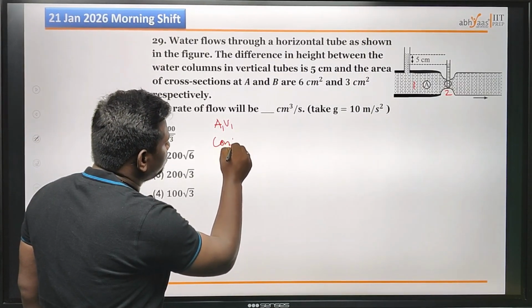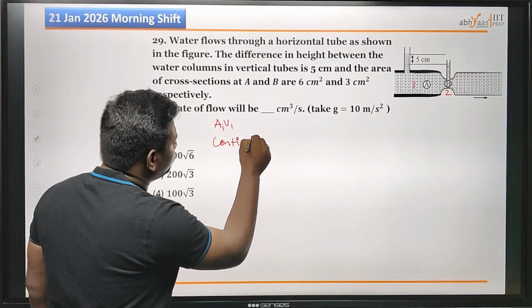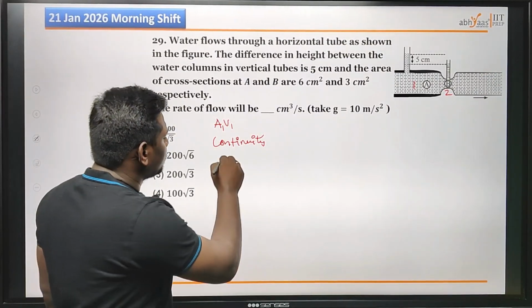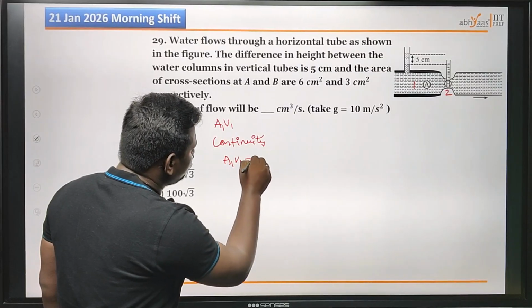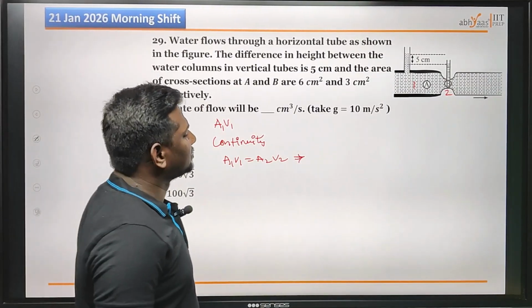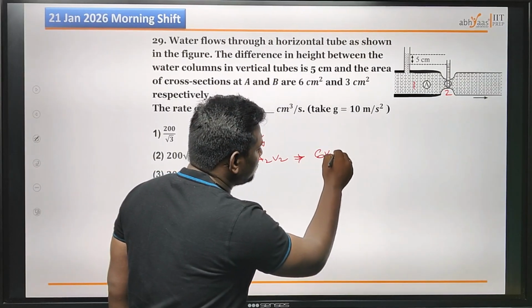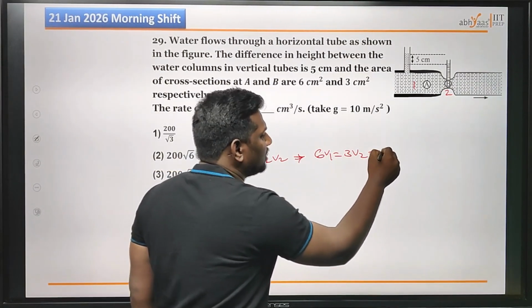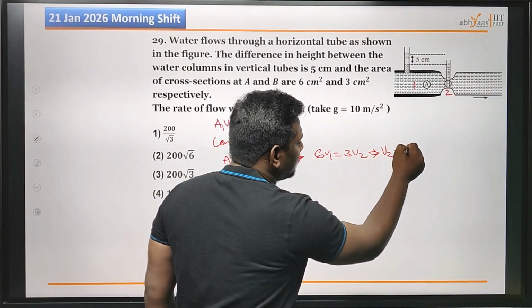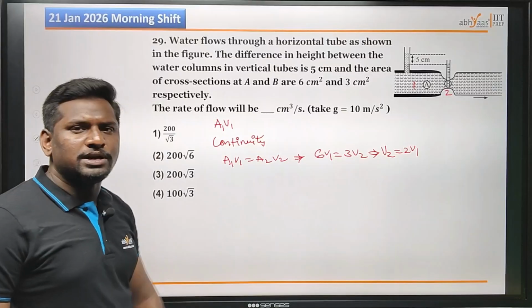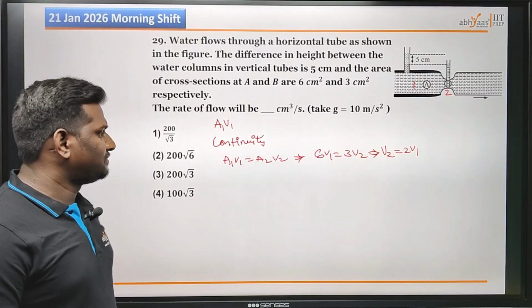From the continuity theorem, or law of continuity, A1 V1 equal to A2 V2. From this you can simply write 6 V1 equal to 3 V2. So from this V2 can be written as 2 V1.